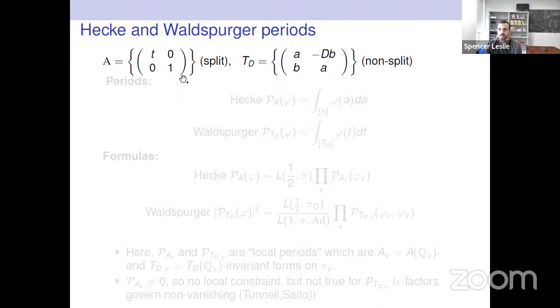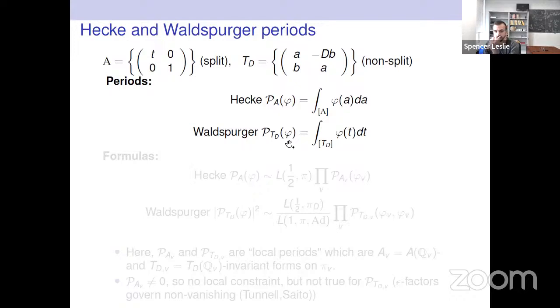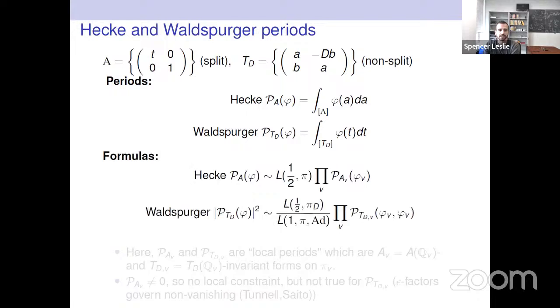So framed in the adelic language with respect to these groups, then the two integrals, the integral of Hecke becomes the automorphic period over A, and this sum over Heegner points for Walsh-Bourget is nothing but the automorphic period over T. And in this language, the formulas take the following form, namely that, now in the adelic language, we're normalizing so that the special value is at a half rather than 1.